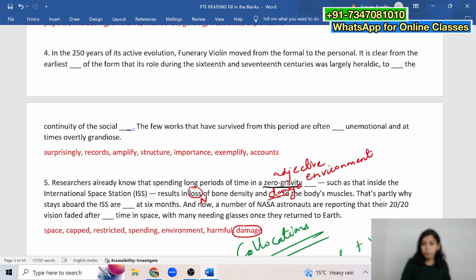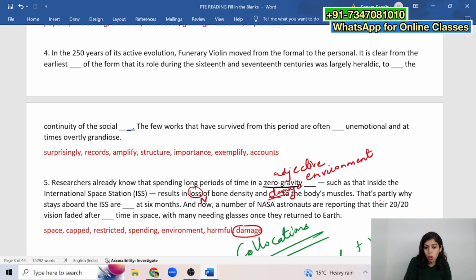That's partly why stays abroad. Okay, that's partly why stays abroad. The ISSR dash at 6 months.